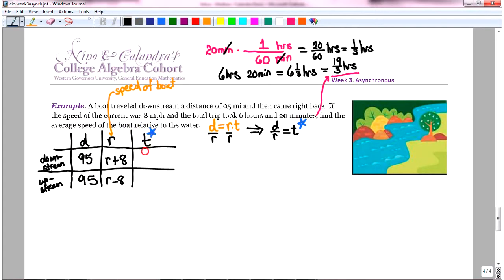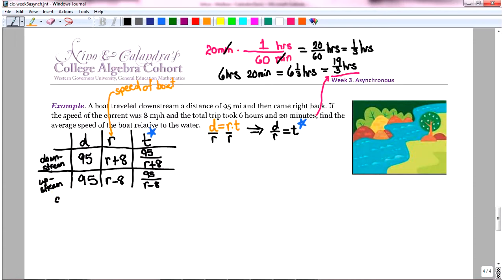The distance, 95, divided by the rate, R plus 8, is the time the boat traveled downstream, and 95 divided by R minus 8 is the time the boat was traveling upstream.